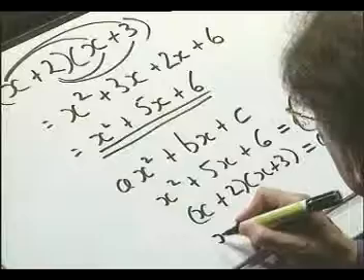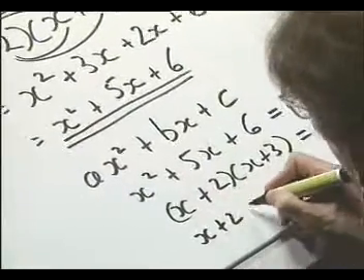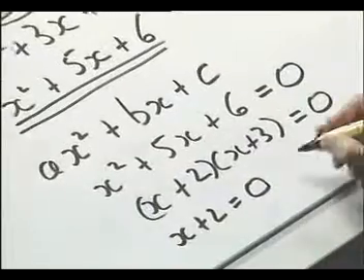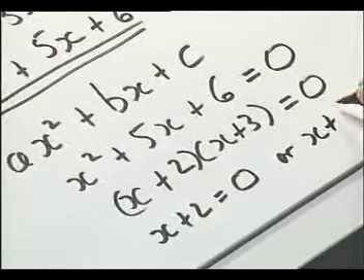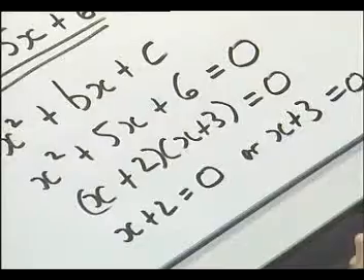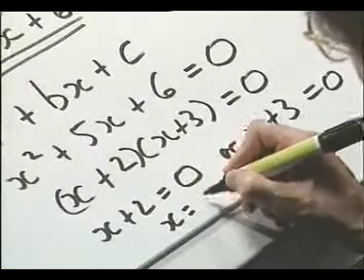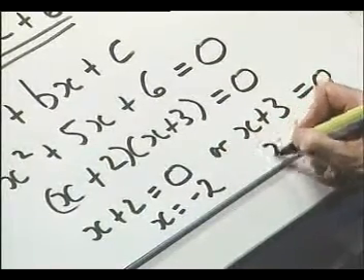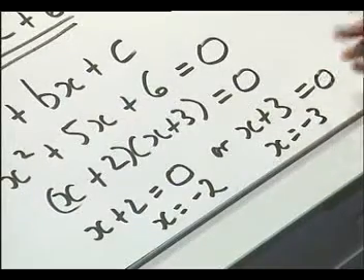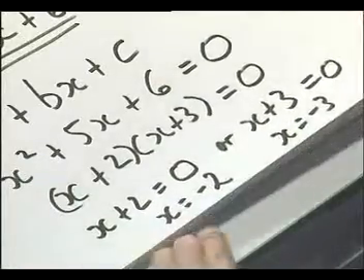So in this case, x plus 2 equals 0, or x plus 3 equals 0. And so x would be minus 2, or x would be minus 3. So being able to factorise actually helps us to solve a new kind of equation.